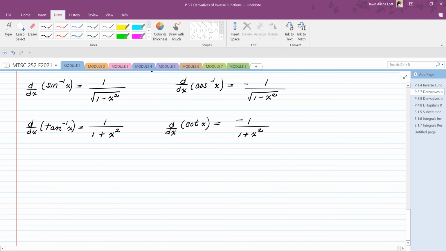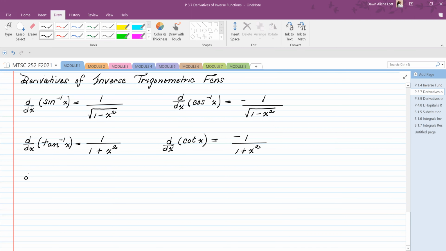And then the derivative with respect to x of the secant inverse of x is 1 divided by the absolute value of x times the square root of x squared minus 1.